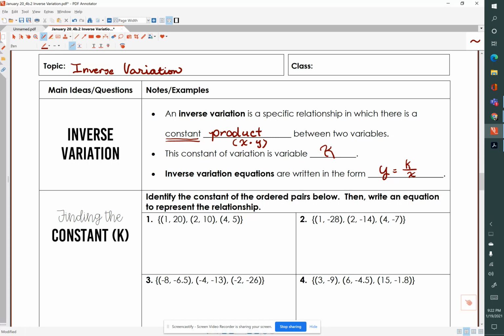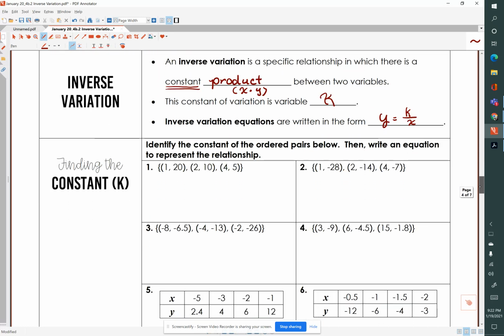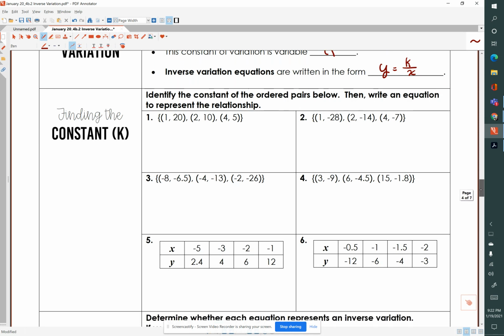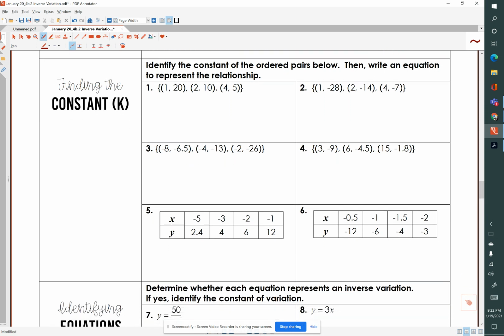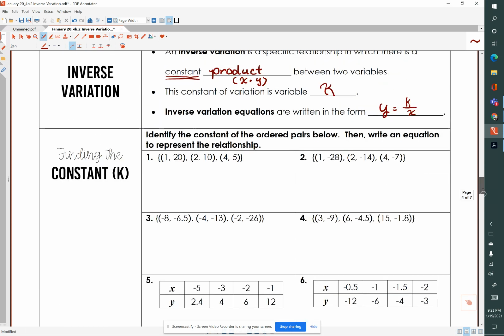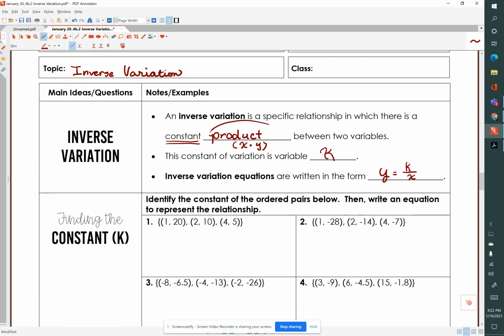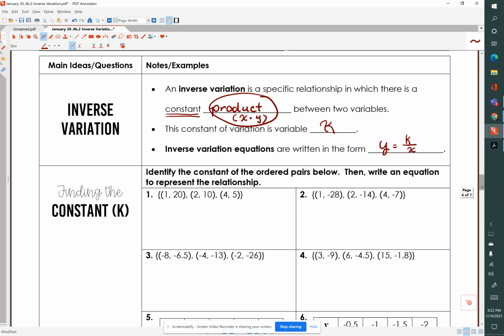And we will look at those graphs in a minute. But for now, let's find the constant of variation. Let's find k. So we're going to identify the constant in the ordered pairs below. Then we'll write an inverse variation relationship or equation to represent that relationship. So when we look at these ordered pairs, 1, 20, 2, 10, 4, 5, okay, what happens when I multiply them together? Because remember, it's a constant product of x times y.